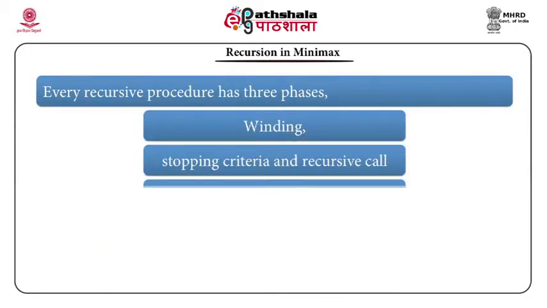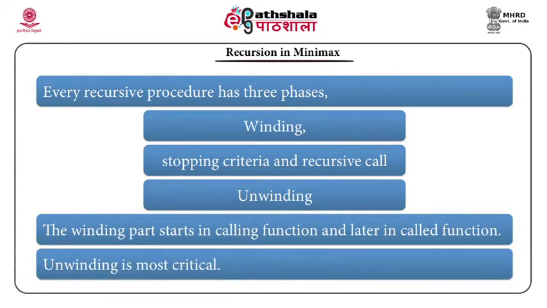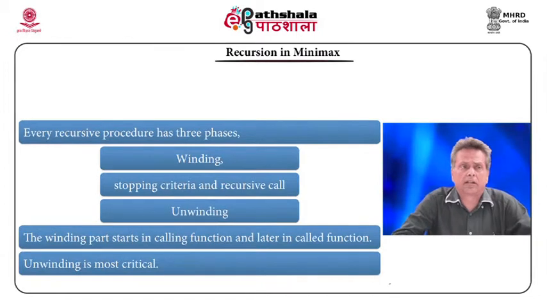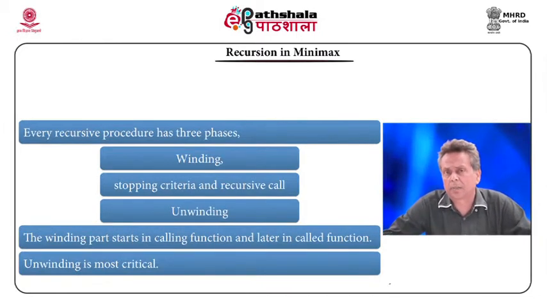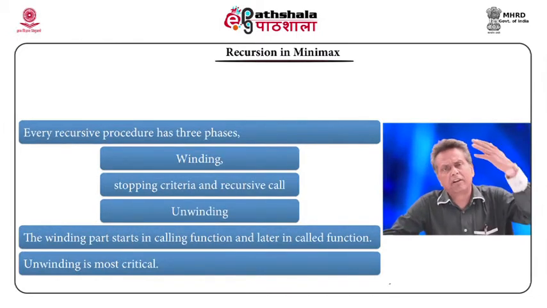I've already told you that every recursive algorithm has 3 parts, and the algorithm that I'm describing also contains 3 different components: the winding part, the recursive call, and the unwinding part. We'll see what exactly each part is doing in this particular algorithm. In most recursive algorithms, the unwinding part is more critical, because the winding part is something every function contains.